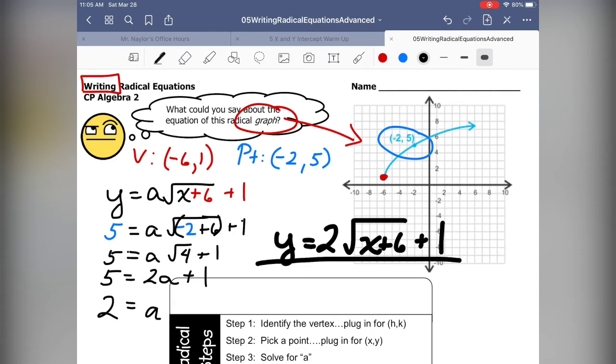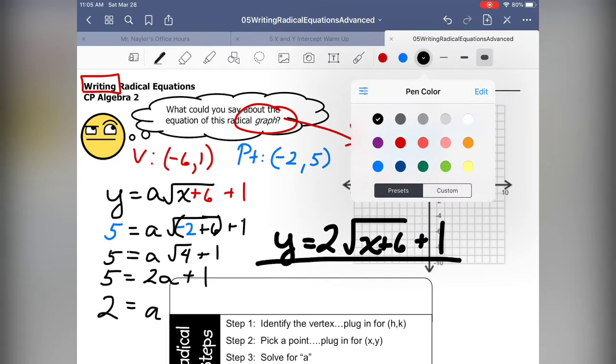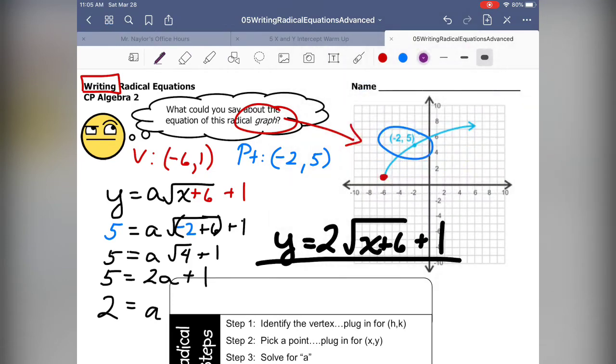Now, if we want to be super sure that this graph is right, we can always, as we did the other day, find an additional point, maybe like the point 3, 7. The reason I'm looking at this point is because I can plug this into my equation to verify that my numbers are right.